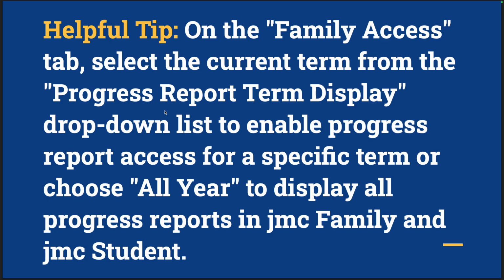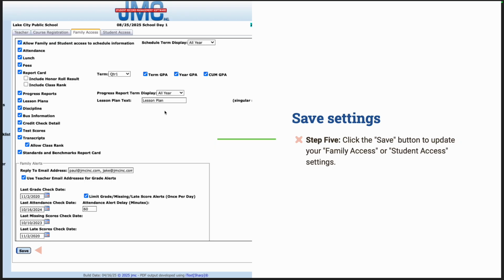Helpful tip, on the Family Access tab, select the current term from the Progress Report Term Display drop-down list to enable progress report access for a specific term, or choose all year to display all progress reports in JMC Family and JMC Student. Step 5. Click the Save button to update your family access or student access settings.